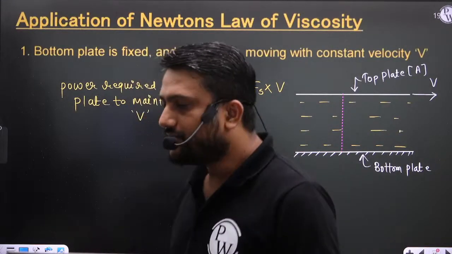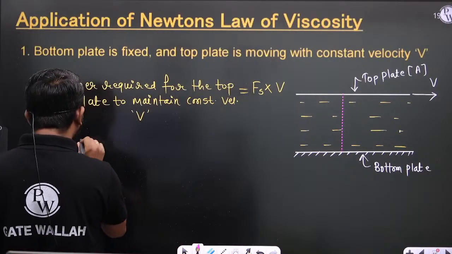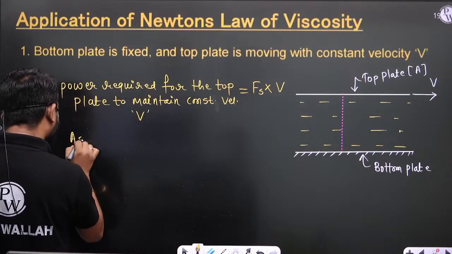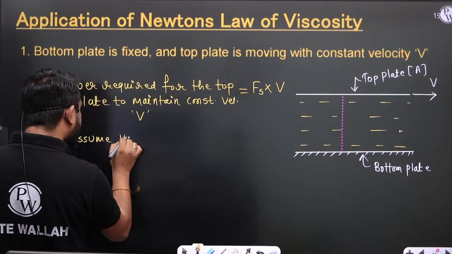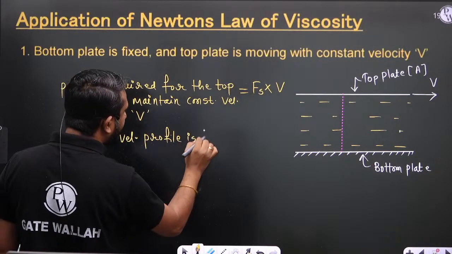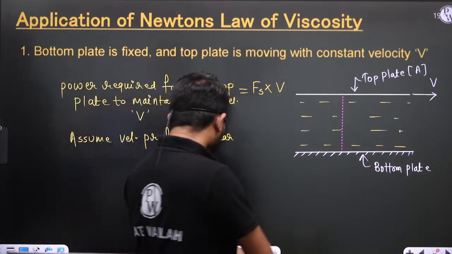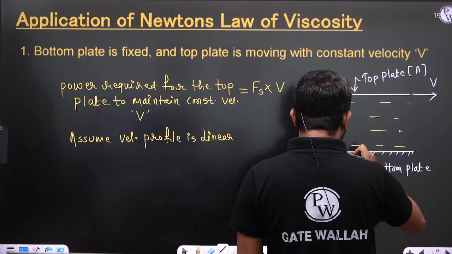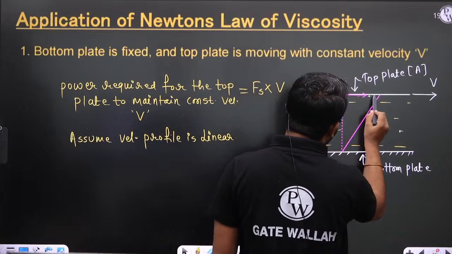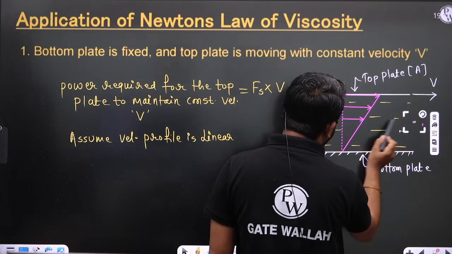So let us assume that the velocity profile is linear. So this is the linear velocity profile that you have.